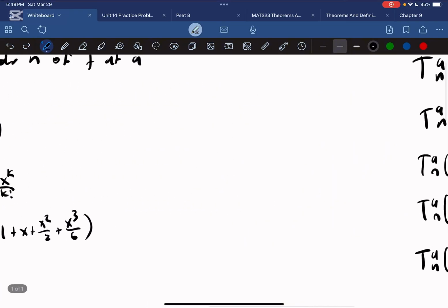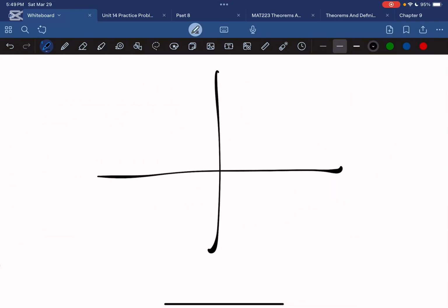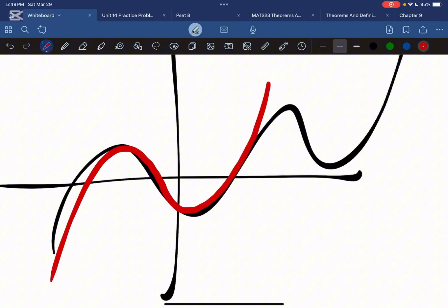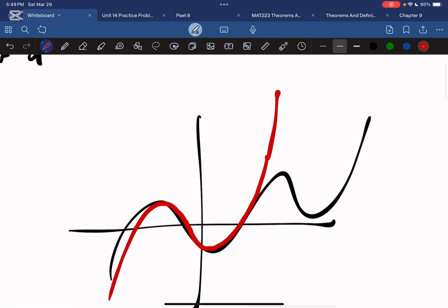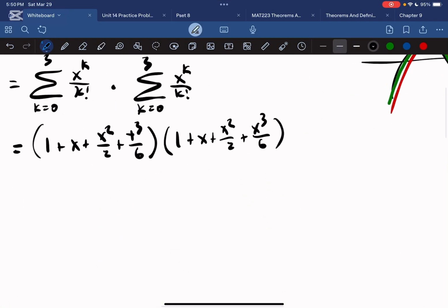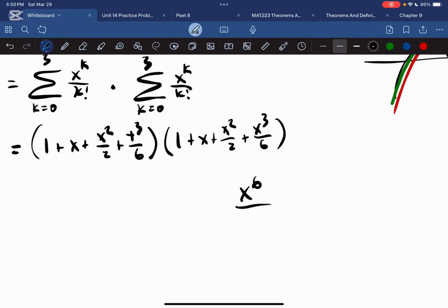Okay, let's take a look at this graph. Let's say we want to approximate this. If we have some order 3 approximation here, and another order 3 approximation here, we end up getting some order 6 product because we multiply these two terms together at the very end.